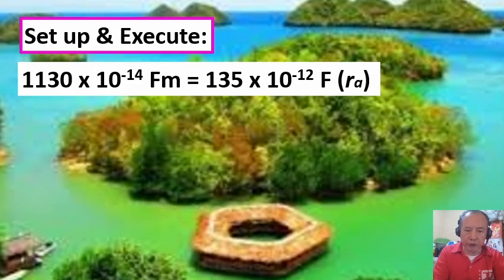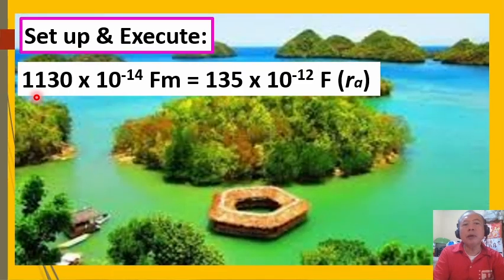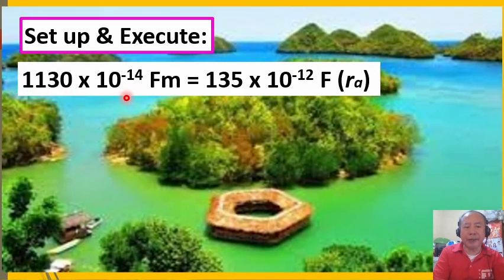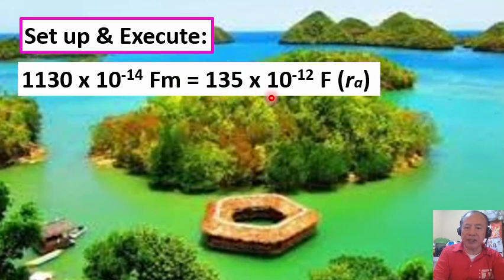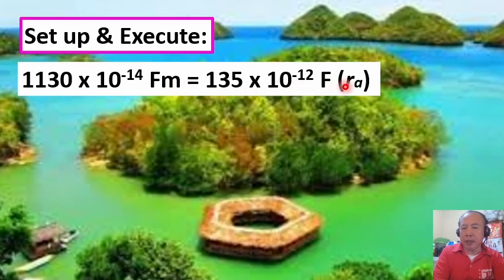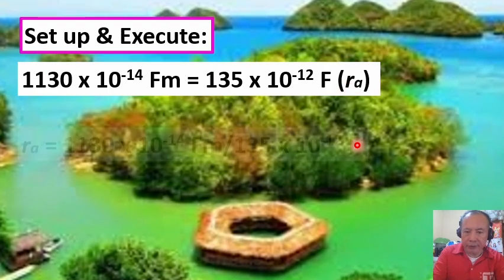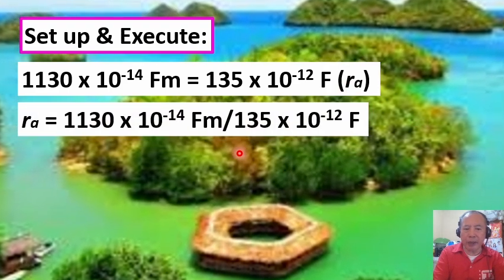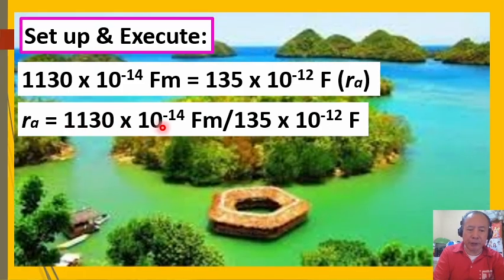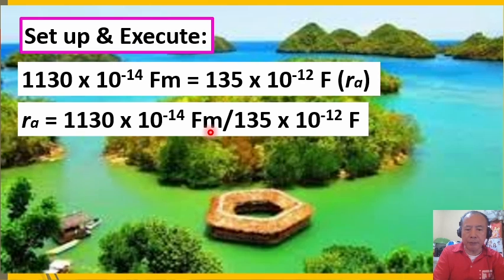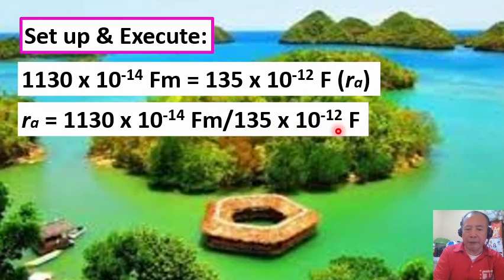So when we simplify that equation, it becomes 1,130 times 10 to the negative 14 farad meter equals 135 times 10 to the negative 12 farad times the unknown variable R sub A. So isolating R sub A and computing for that, we get 1,130 times 10 to the negative 14 farad meter divided by 135 times 10 to the negative 12 farad.